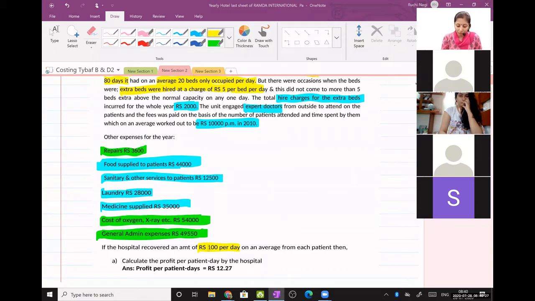Diksha is saying profit. Okay. Anyone would like to try? Definitely it's not profit. Then what is it?